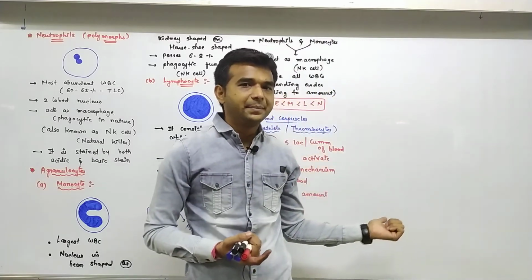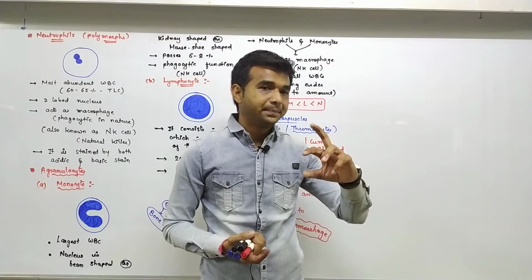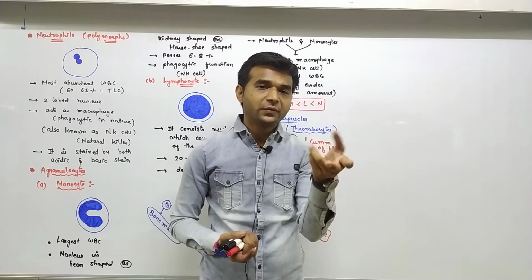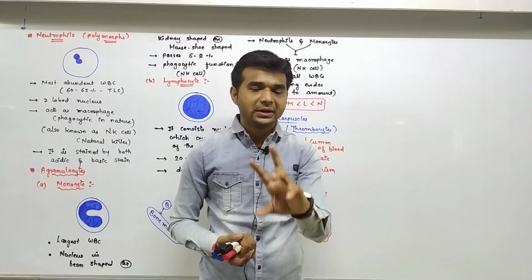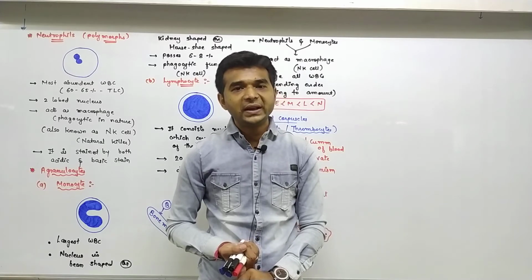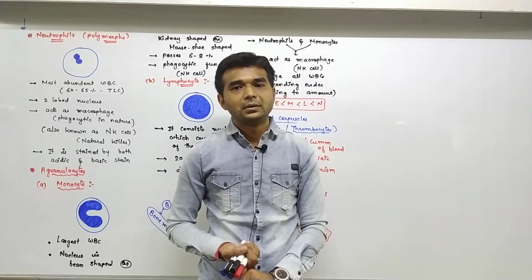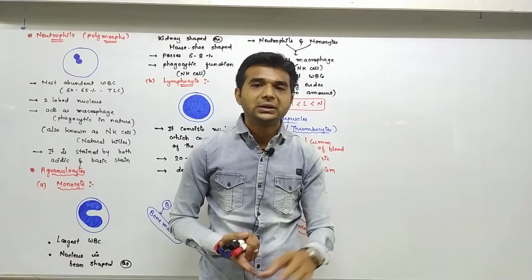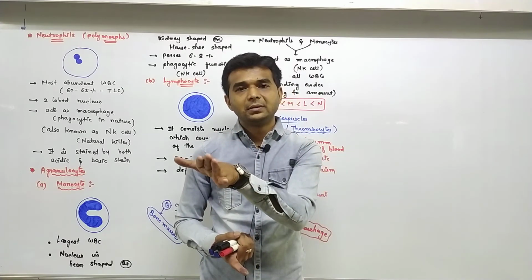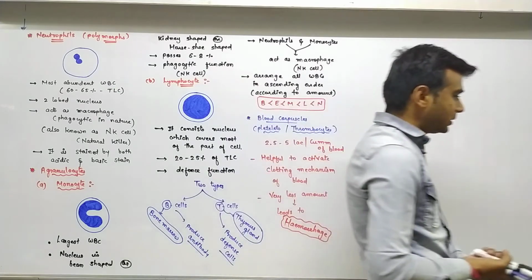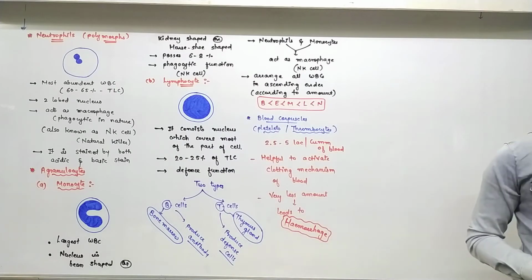Excessive blood loss is hemorrhage, and prolonged clotting time is due to absence of coagulating factors. Later on I will tell you, but only you remember this thing, hemophilia. Clotting time is prolonged, or you can say that bleeding time is more. So prolonged clotting time leads to hemophilia.